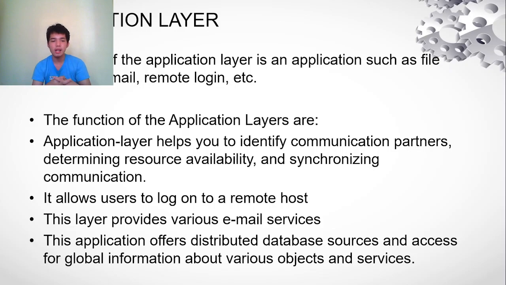So next, this layer provides various email services. Providing email services is one of the important things that the application layer has. Next, this layer offers distributed database sources and access for global information about various objects and services.